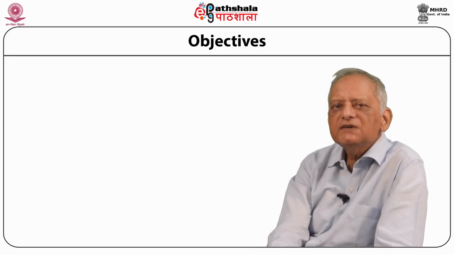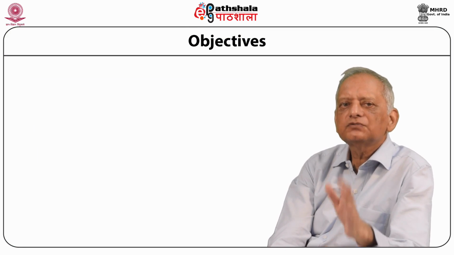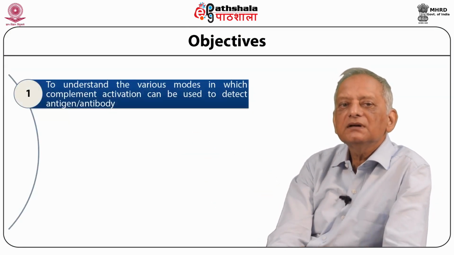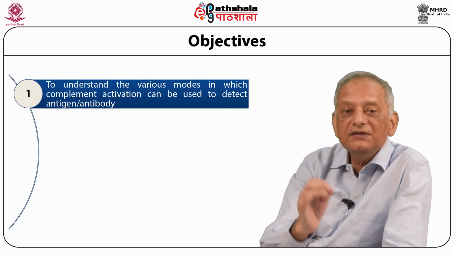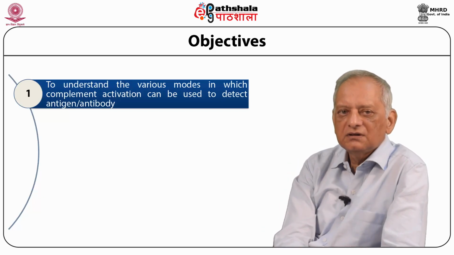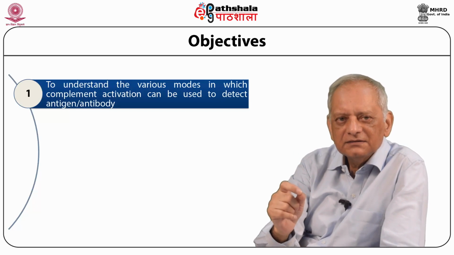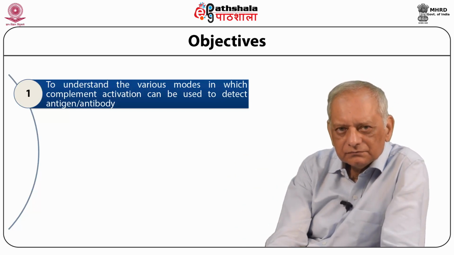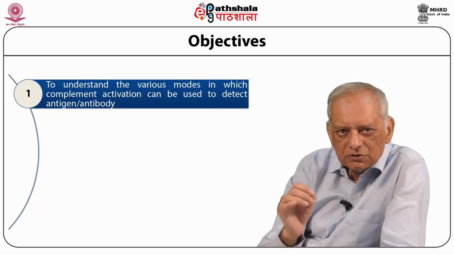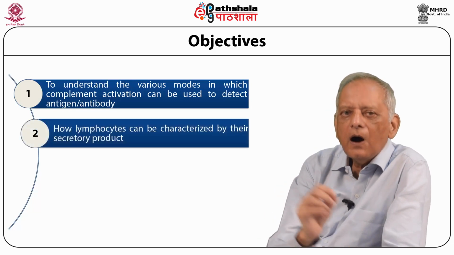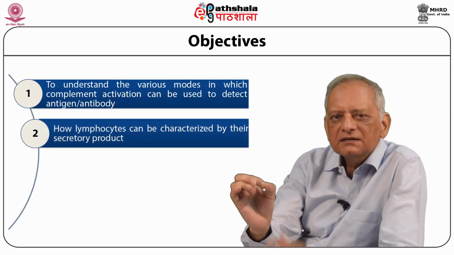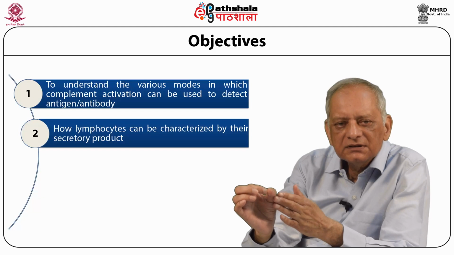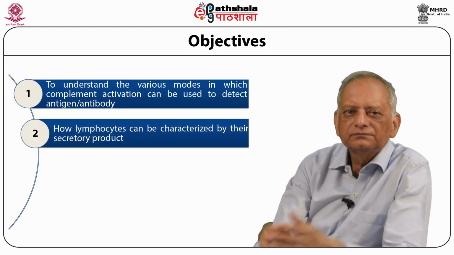So the objectives of today's module are to understand the various modes in which the complement activation can be used to detect either the antigen or antibody. We will also learn how the lymphocytes can be characterized by the secretory product which they throw out.